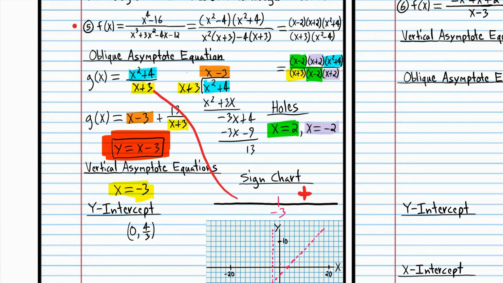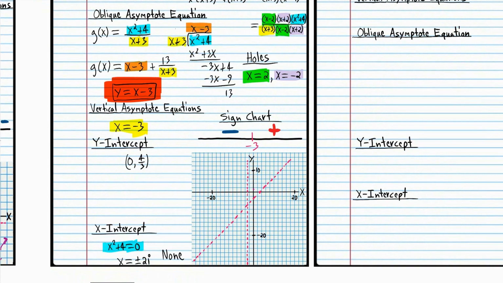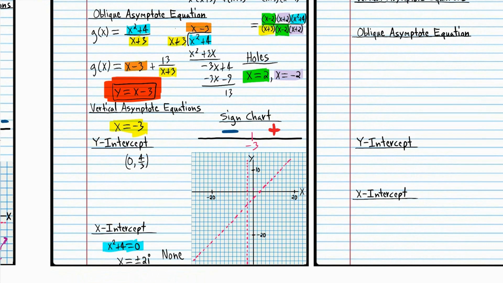So -4 plugged in, we get 16 plus 4 is 20 over -4 plus 3, so that'd be a negative number. So that tells us where our graph is above and below the x-axis.